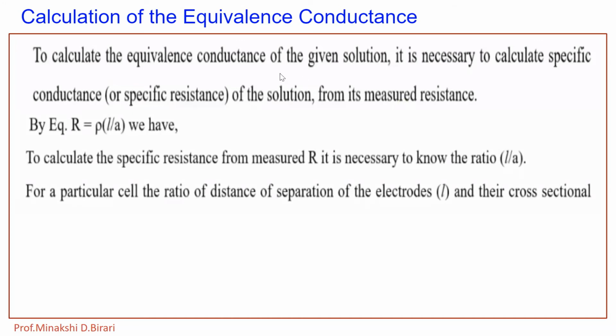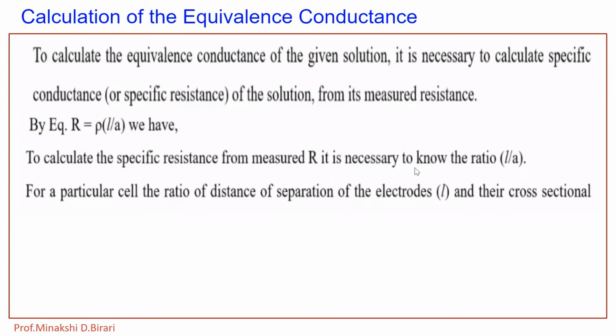So by equation, R is equal to rho into L upon A, where rho is specific resistance, R resistance, L length, and A is area of cross section. We have to calculate the specific resistance from measured resistance R.